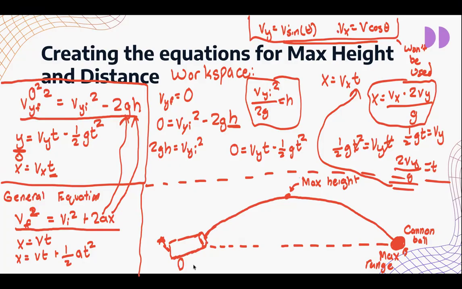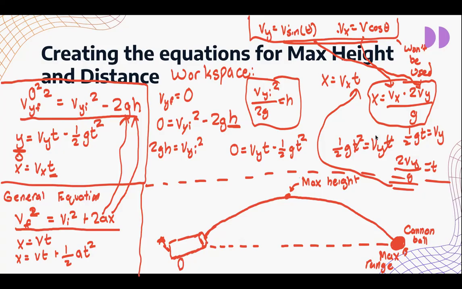Remember we talked about how the vertical velocity is equal to v sine theta, and the horizontal velocity is equal to v cosine theta. You can just substitute that here. So then you end up getting 2v squared sine theta cosine theta, and that's a trig identity. So you get v squared sine 2 theta over g. But that's a lot deeper. I don't want to go into all that.